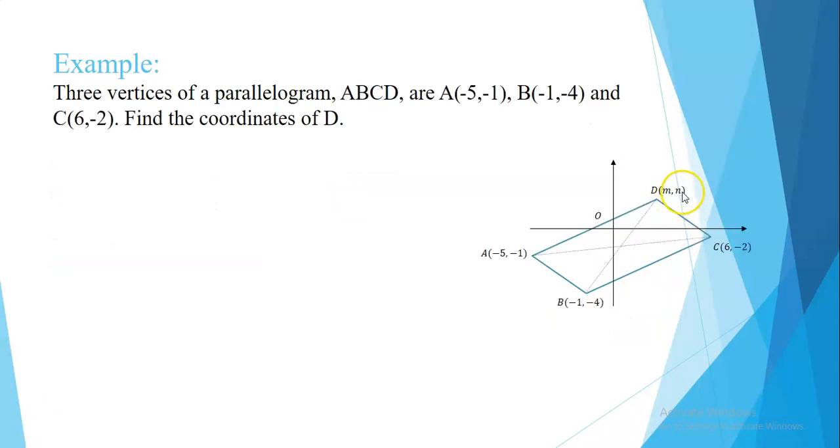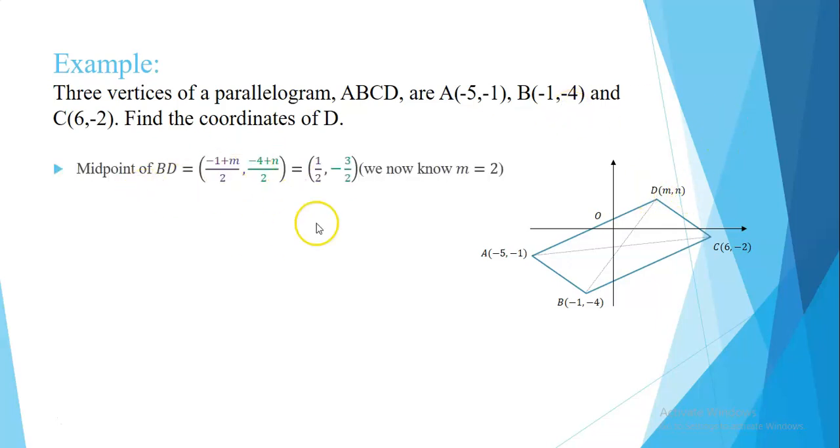Now we just need to get the y value of our D coordinate. Keeping the same information from the previous slide, we take the green portion, the y coordinate of our midpoint, (-4 plus n) over 2, and that has to be equal to -3/2.